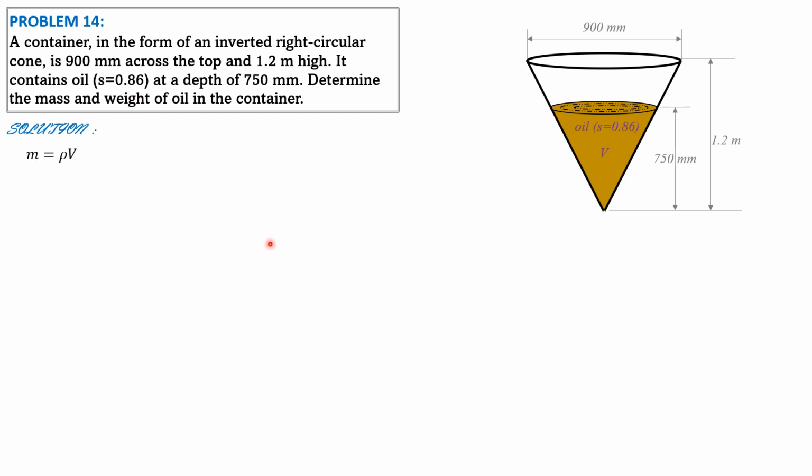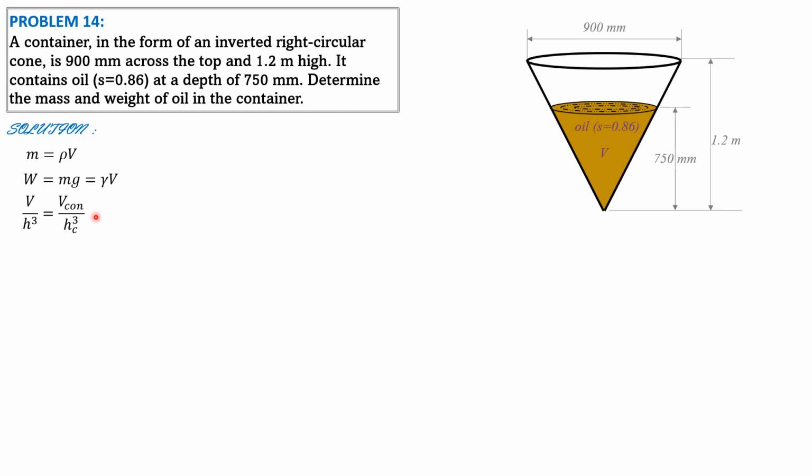Mass is density times volume, and the volume can be found by similar solids. Then weight is mass times g, or specific weight times volume, where the specific weight is 0.86 times specific weight of water. So volume over height cube equals volume of container or cone as to height of container or cone cube.